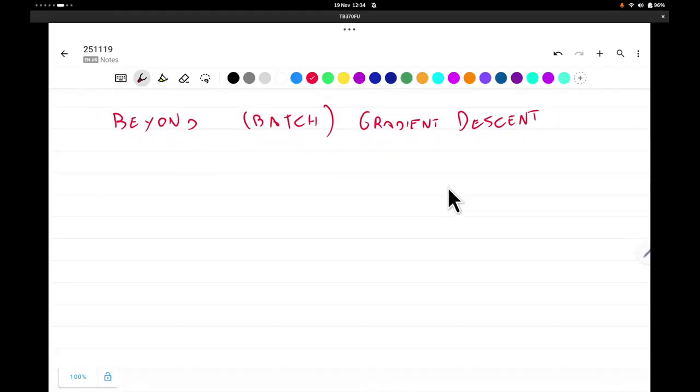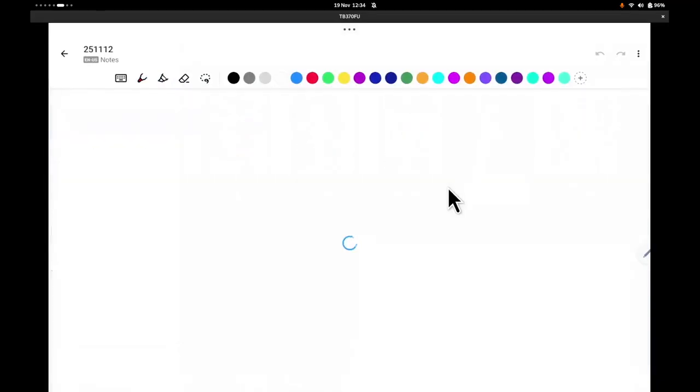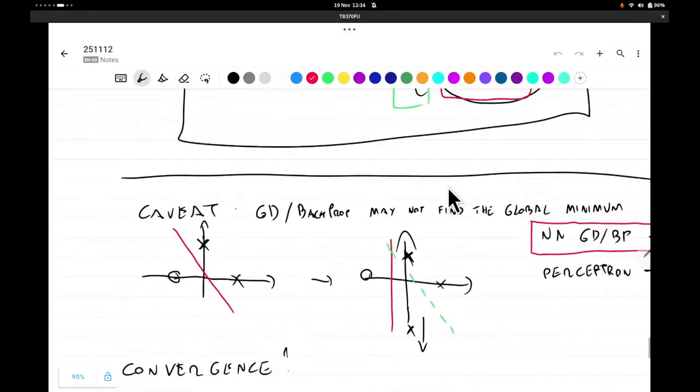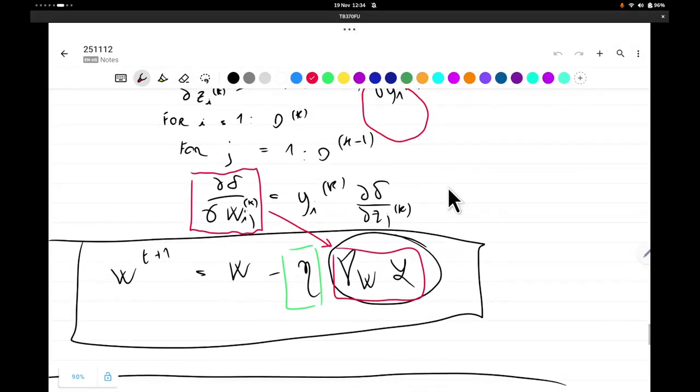I haven't already introduced the point of batch, but the idea is that we evaluate, going back here, the derivative of the weights with respect to a single data point, and then we typically go through all the data points in order to get the overall gradient.